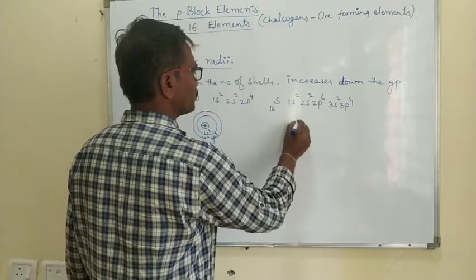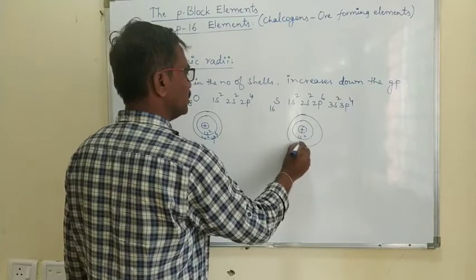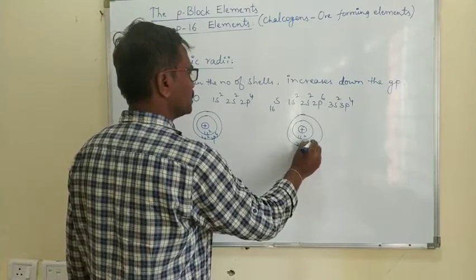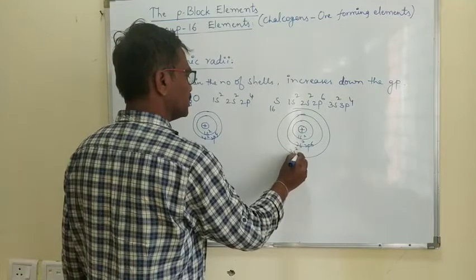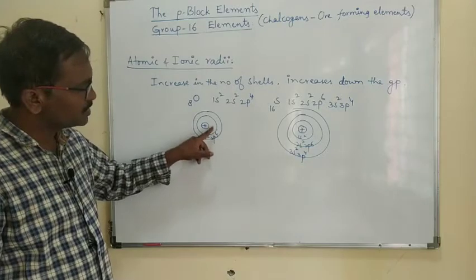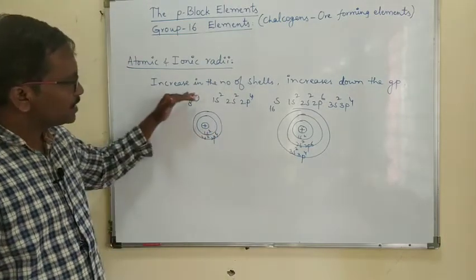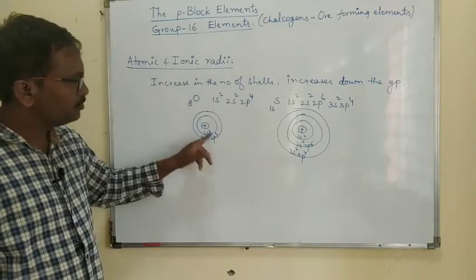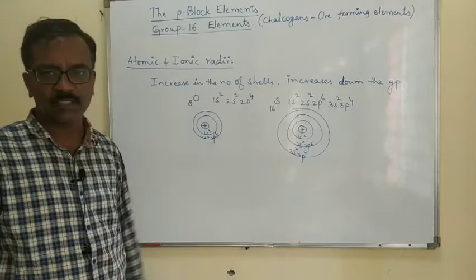Oxygen consists of two shells, sulfur consists of three shells. As you go down the group, it automatically increases the atomic size.